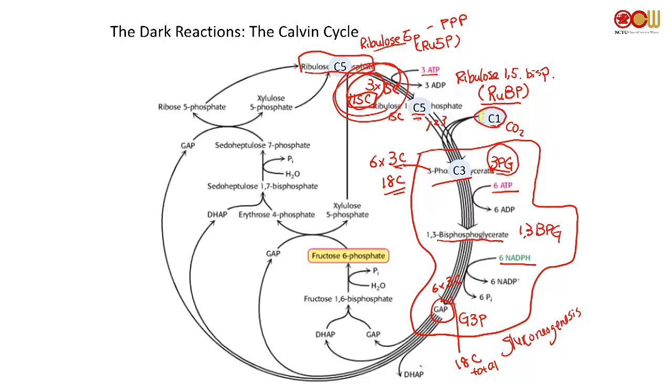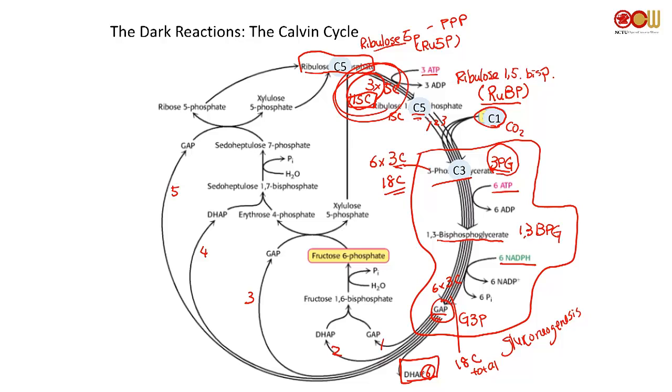That means that you only get 1 of the 3 carbons for whatever you want to do. So it turns out 5 of the G3P will recycle into the entire process and make ribulose bisphosphate, 1, 2, 3, 4, 5. 5 of them will recycle, and the 6th one can be used for whatever you want to do.